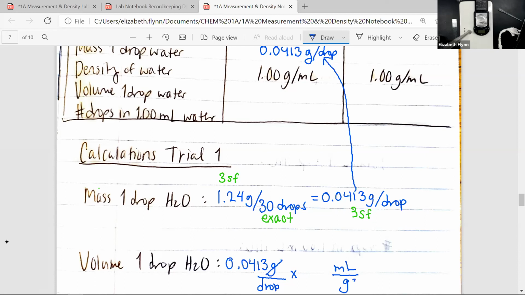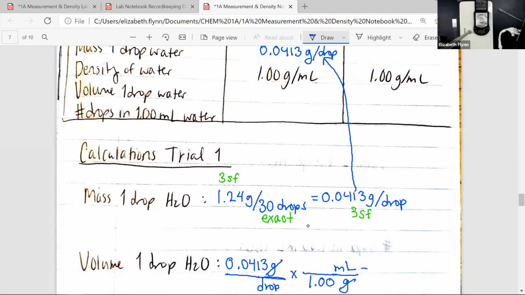That way, grams will cancel because whatever is on top, if it's divided by something over here, just like in math, if you've got 5 on top of an equation divided by 5, they cancel out. If you've got grams on top divided by grams, they cancel out. So that's 1.00 grams per milliliter. And in that way, we can cancel out.